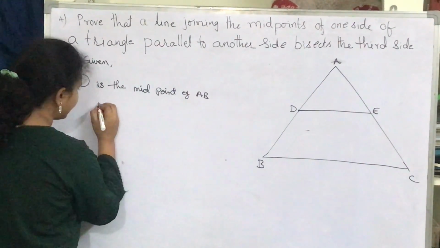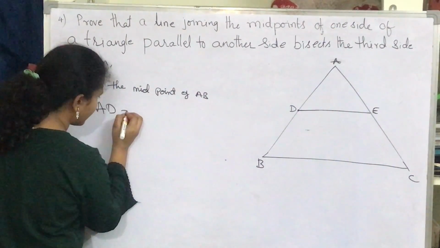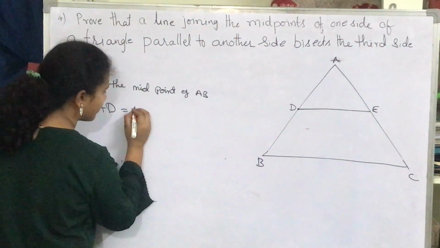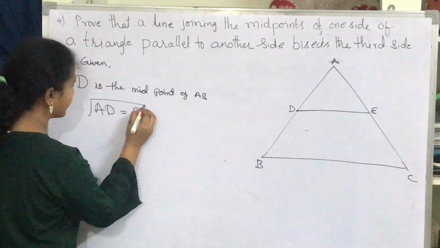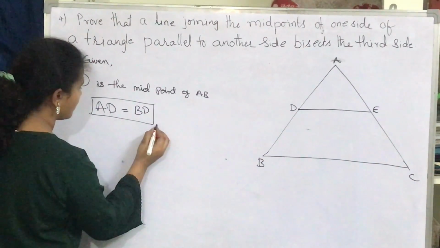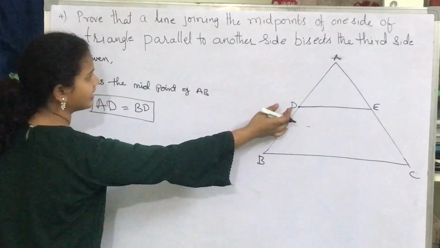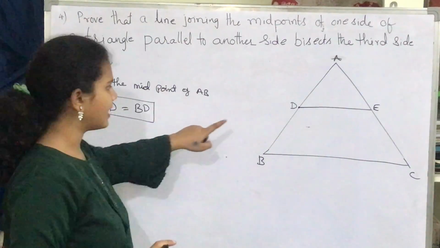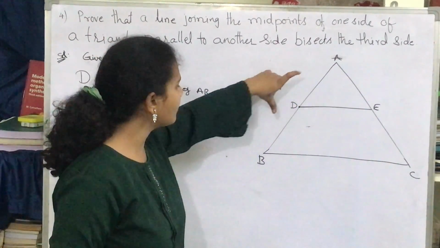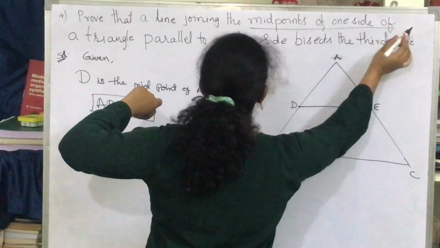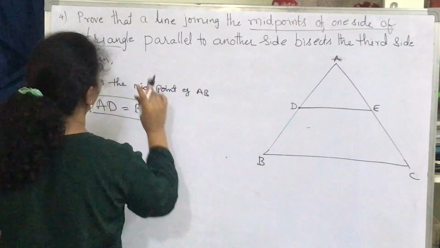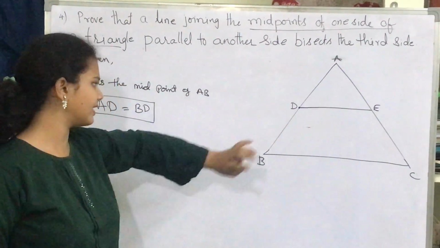So AD equals BD, right? So we can just consider this, where D is the midpoint of AB. If you just observe here, the midpoint of one side of a triangle, I have taken as D.